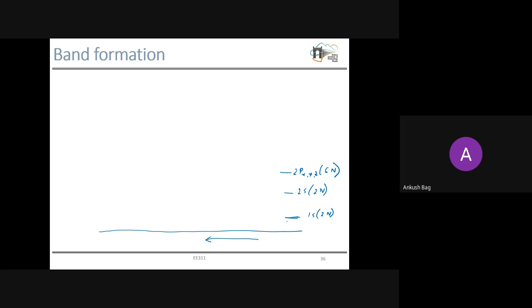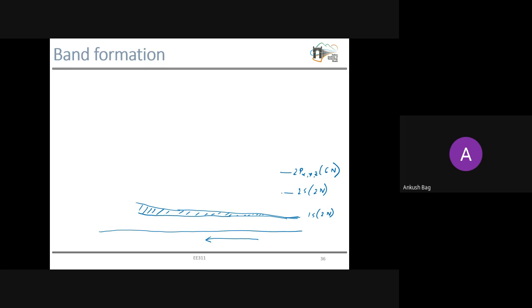Obviously, in the way we discussed before, it will form a band due to the degeneracy. So it will now form this band. These bands are forming due to the 1s electron.